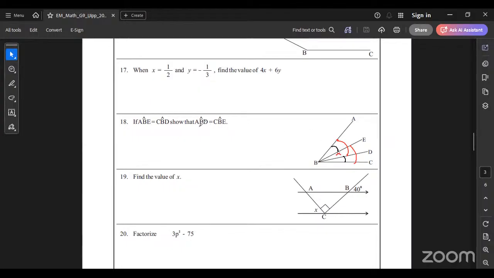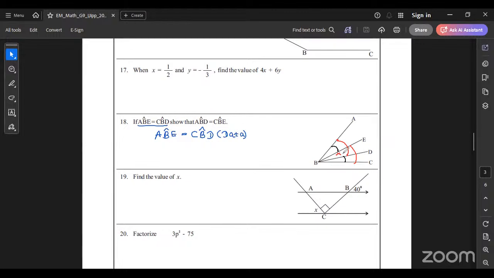We'll see how we can write this according to the axioms. First, this is the data: ABE equals CBD. That's the equation they gave.